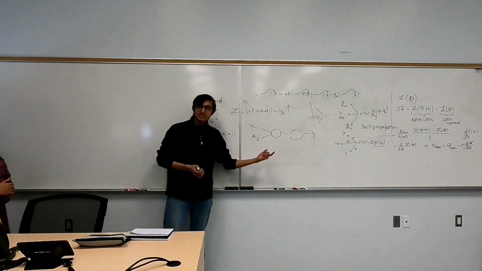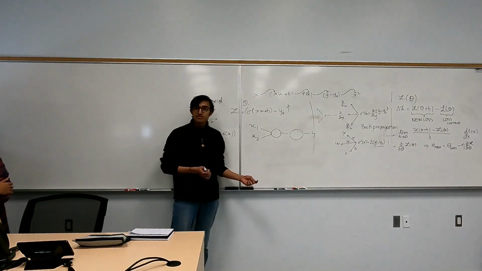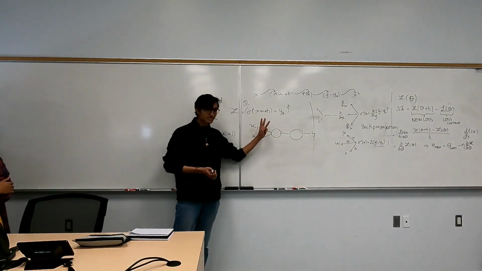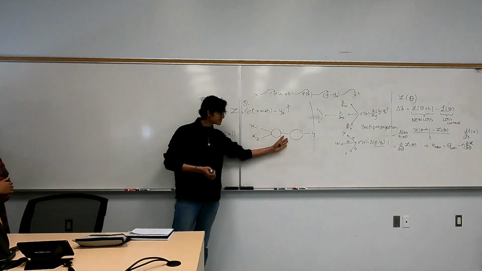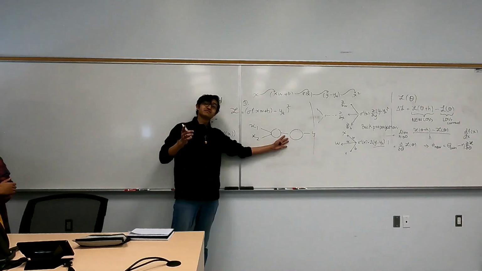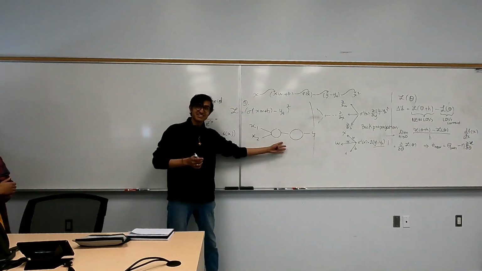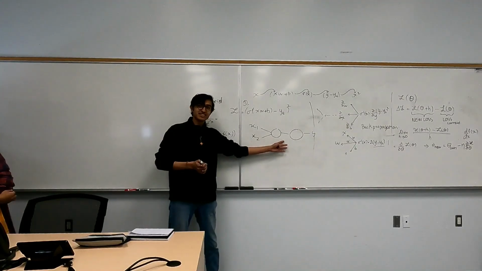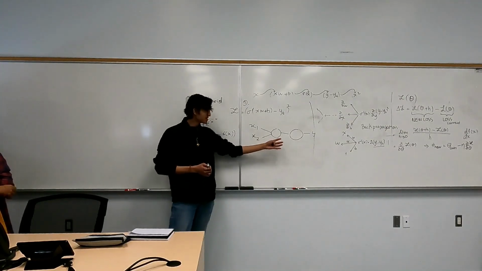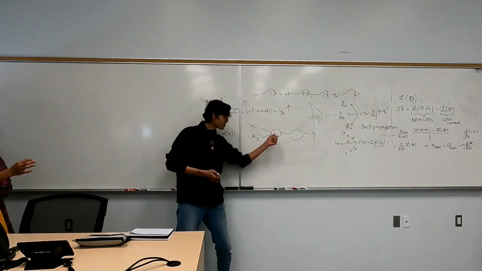So 2 weights, 1 bias, then another one for the second neuron. That's 4. The second neuron also has a bias.